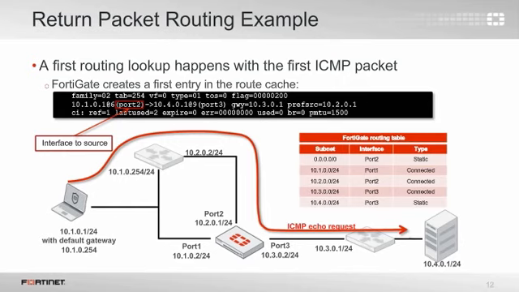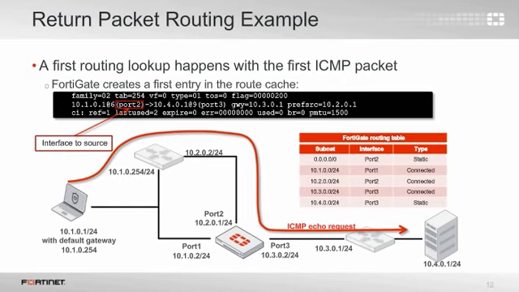One important detail in this network is that the local workstation default gateway is 10.1.0.254. This means that if you send an ICMP echo request from the local workstation to the remote server, the packet goes to the local router first, then to FortiGate, then to the remote router, and finally to the destination.